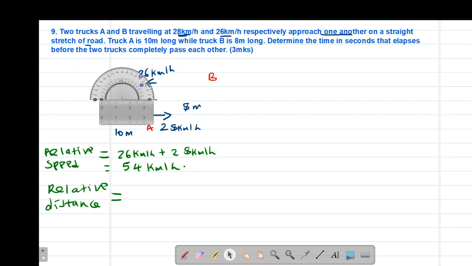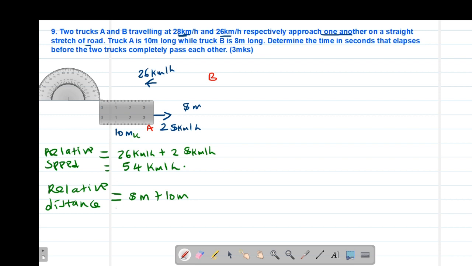The distance covered is its own 8 meters, then its end has to reach the starting point of the other body, covering this 10 meters. So it will be 8 plus 10, which gives us 18 meters. That is our relative distance.